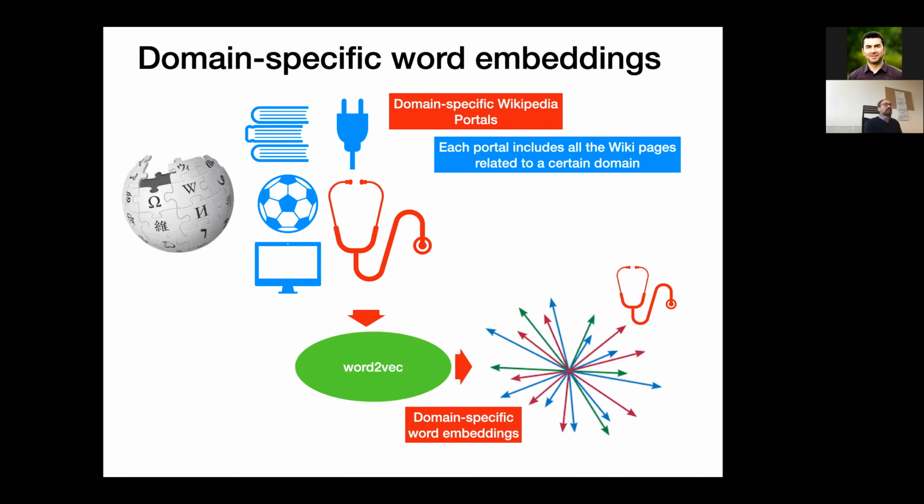How did I do that? I built domain-specific word embeddings by learning these word embeddings from domain-specific Wikipedia portals. So a lot of documents all belonging to the same domains, and I came to define these domain-specific word embeddings.